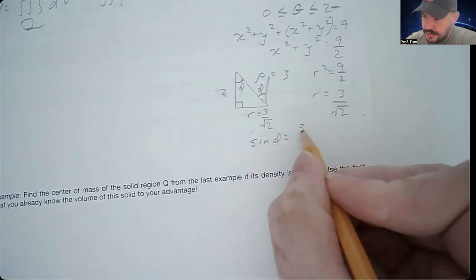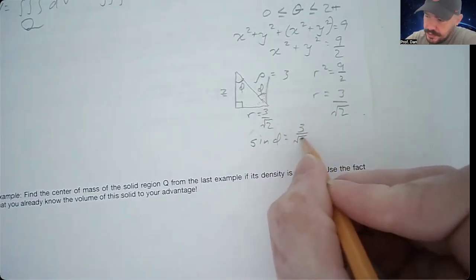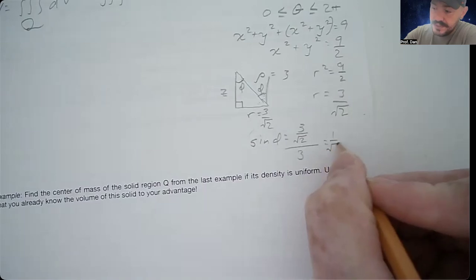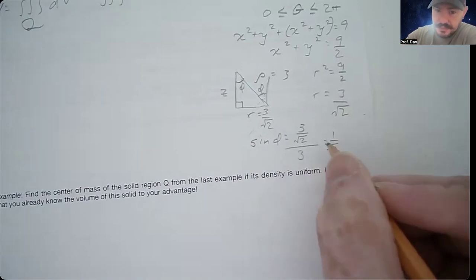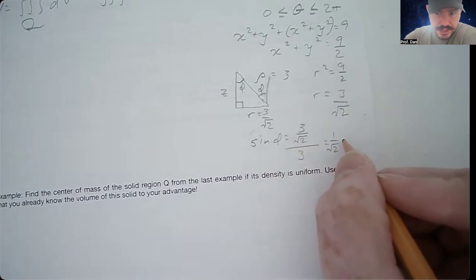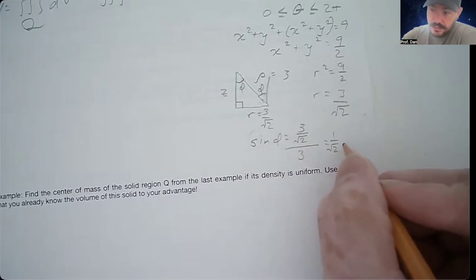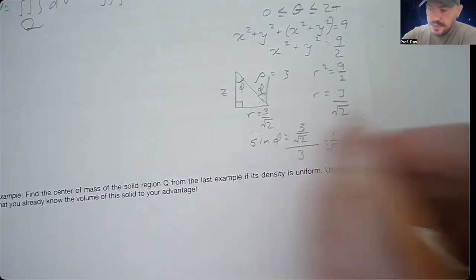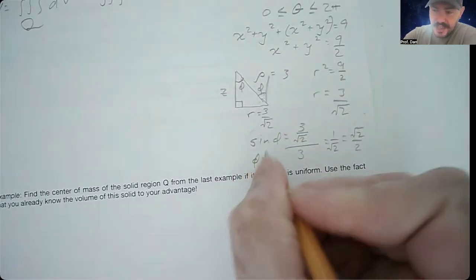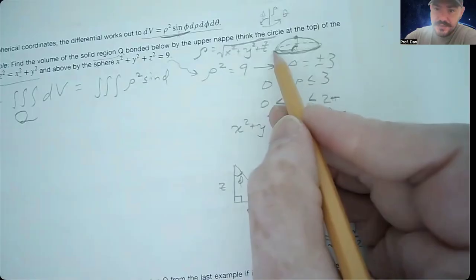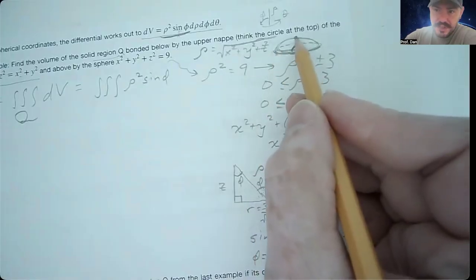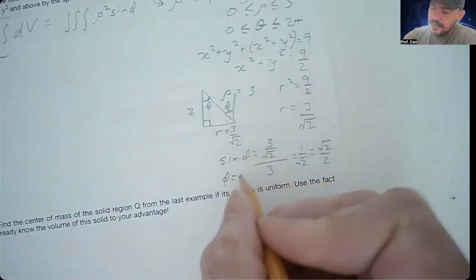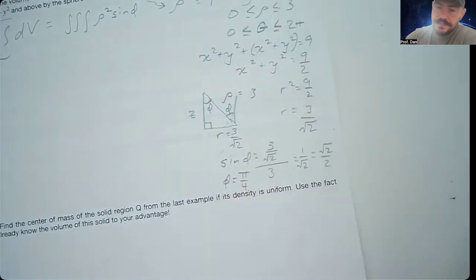So that would be 3 over the square root of 2 divided by 3, which is 1 over the square root of 2. And because this is a unit circle one, you might rationalize your denominator and get that this is equal to the square root of 2 over 2, which means that phi at the point that's furthest out from the center or from the top of the sphere would be equal to pi over 4.